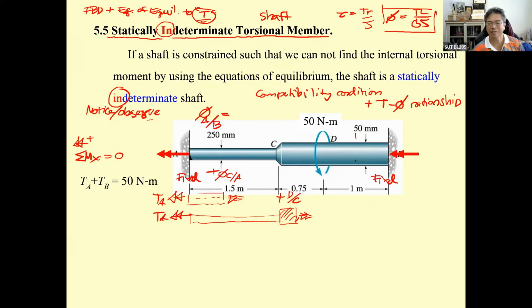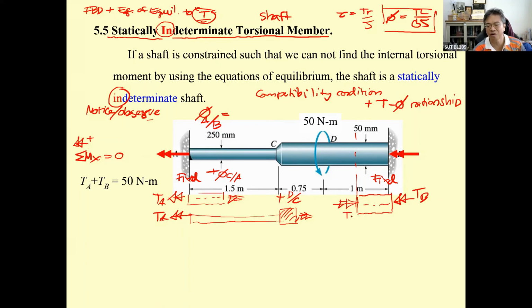Okay, and if you draw this portion, the torsion T sub B is here, and then you're going to have the internal torsion over here.